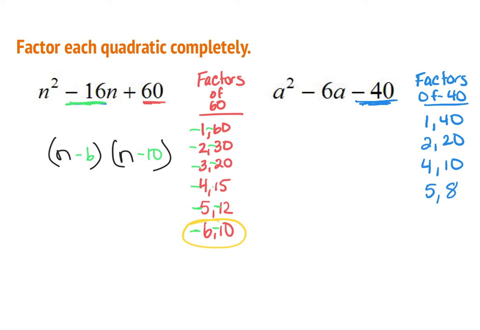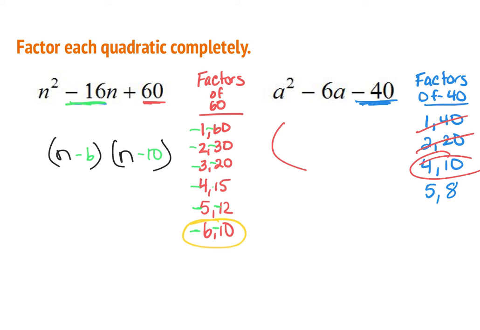And it's okay not to get it right on the first try, because if it's not, you can just start over. So I am going to see which ones, when I add them together, could possibly give me a negative 6. 1 and 40, they're too far apart. 2 and 20 probably won't work. So it's either between 5 and 8, or 4 and 10. I'm going to check 4 and 10.